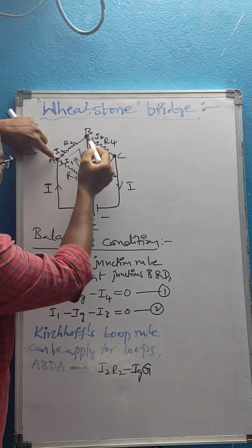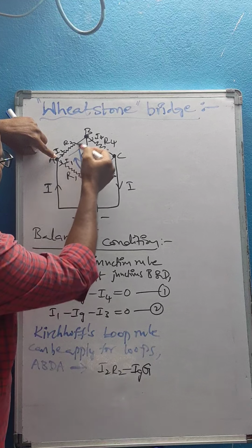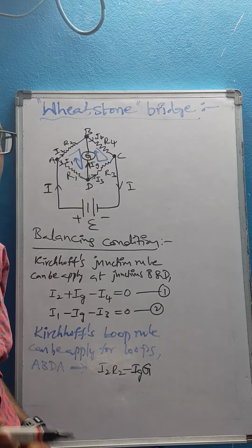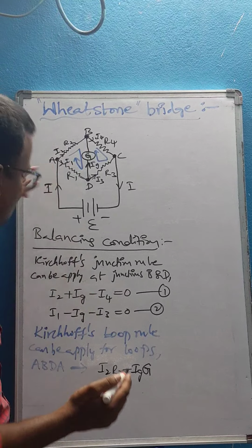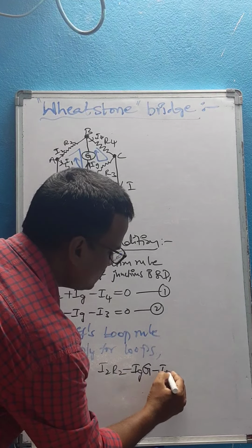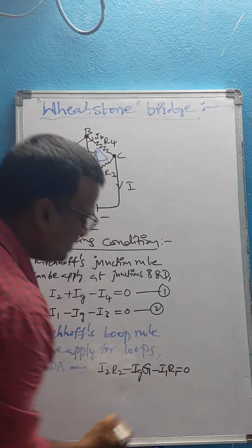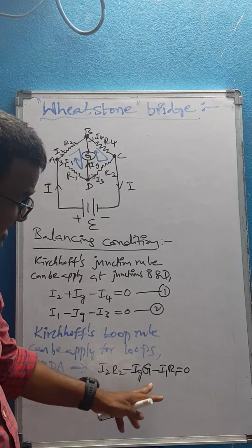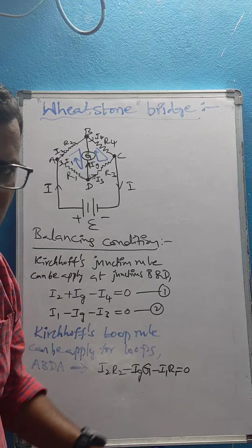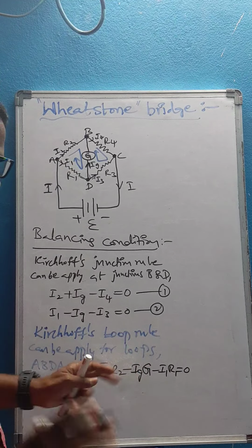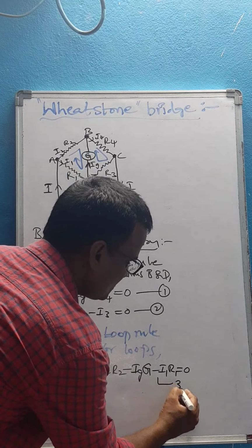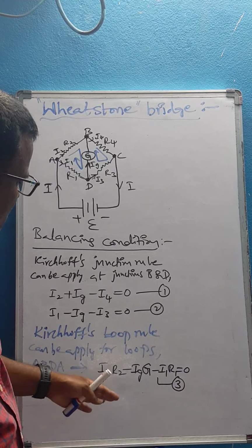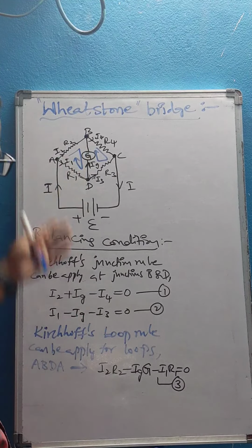I move along I2, but I move opposite to IG and I1, so I1 is also taken as negative. Finally, I2 R2 minus IG G minus I1 R1 equals 0. This is the first equation, which we get from the loop ABDA on applying Kirchhoff's loop rule.